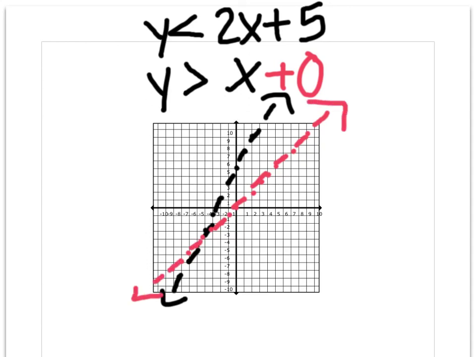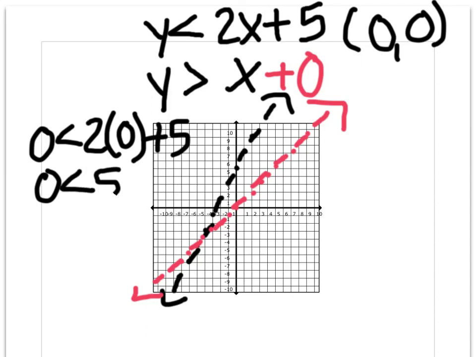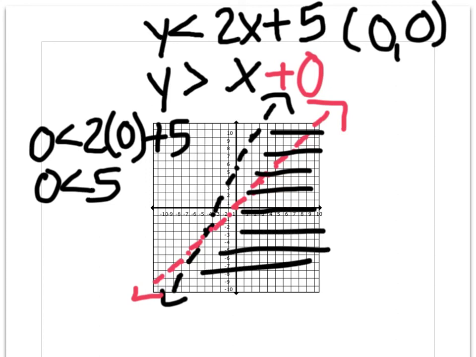Now for the first one, you can pick 0, 0 because it's not on the line. So we pick 0, 0, we have 0 is less than 2 times 0 plus 5. So that says that 0 is less than 5, which is true. So we shade the side that 0, 0 is on. Now we take the second line, and we have y is greater than x.